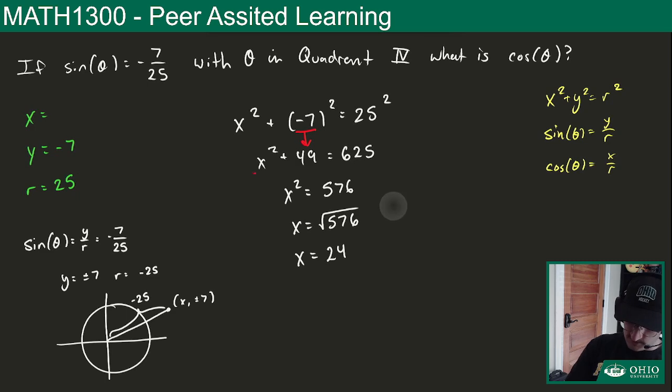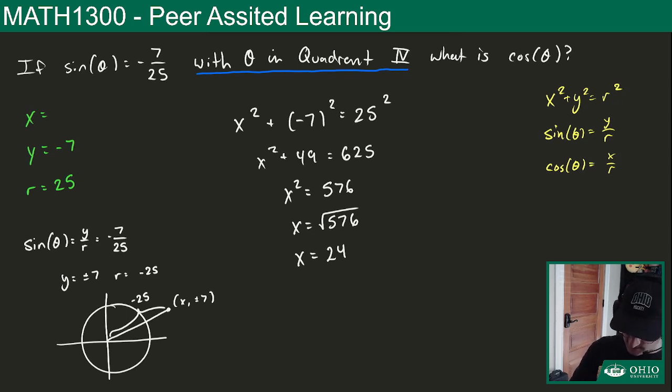So our formula in this process can't really tell if x was supposed to be positive or negative. And where we take advantage of our original question is we have this line here with theta in quadrant 4. So we can use that bit of information to figure out what the value of x should be.